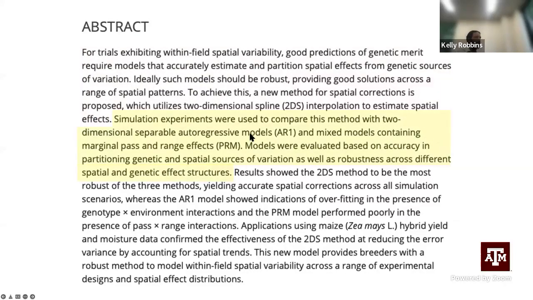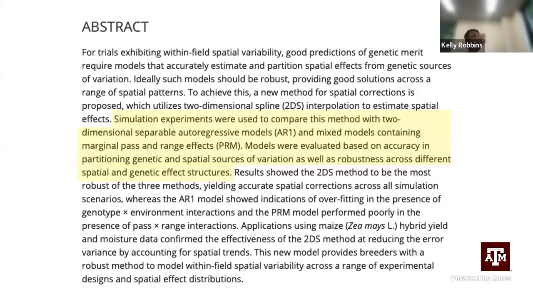Methods. Simulation experiments were used to compare this method with two-dimensional separable autoregressive models and mixed models containing marginal pass and range effects. Models were evaluated based on the accuracy in partitioning genetic and spatial sources of variation, as well as robustness across different spatial and genetic effect structures. All right, so again, it's clear we're using simulation here for better or worse.